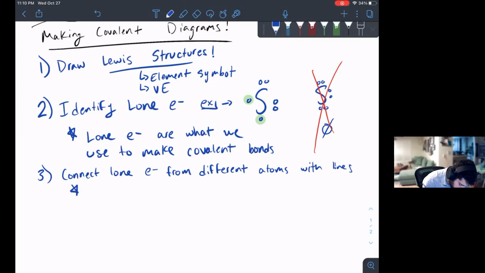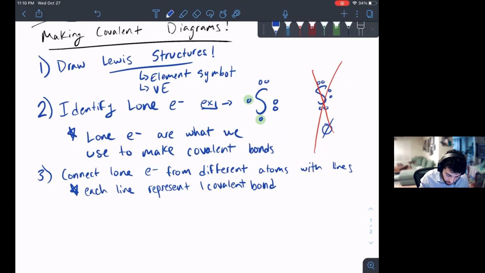The important caveat to step 3 is that each line represents one covalent bond. And even further, each covalent bond is 2 shared electrons. So it's really important that we show our covalent bonds.